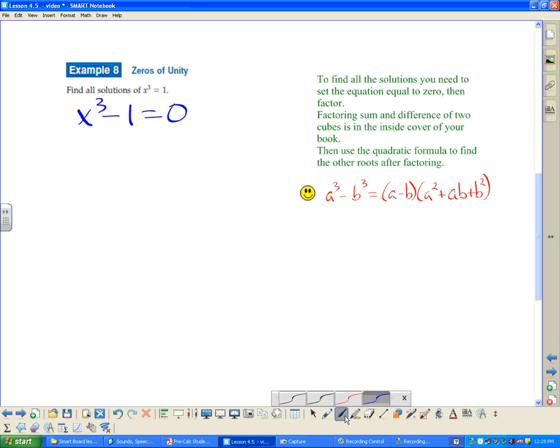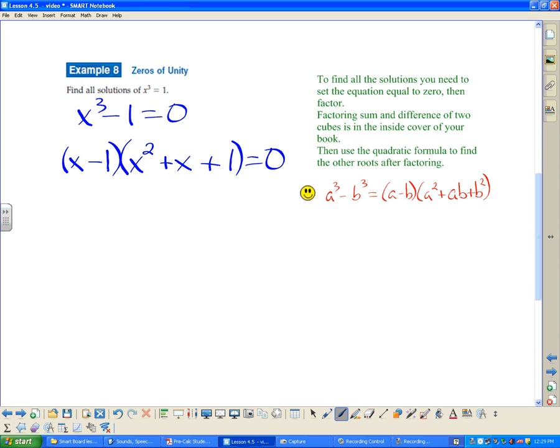So we'll go ahead and show the factoring here. And first we have x cubed, and then 1 cubed. And then we take the first thing and square it, so x squared, plus multiply x and 1 together, we get x, and square 1 and we get 1. So here we have two factors to solve in this equation.